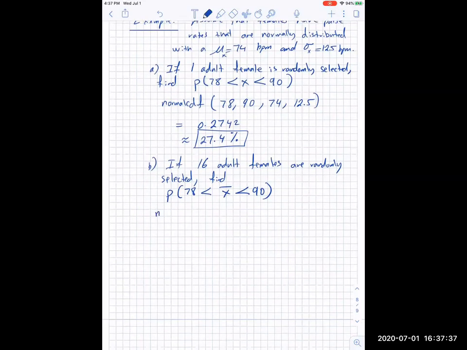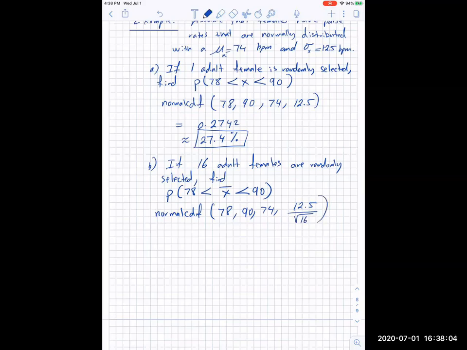Calculations, normal CDF, 78, 90. The center is still 74, but the standard deviation of the sample mean in this case is what? 12.5 over the square root of 16.